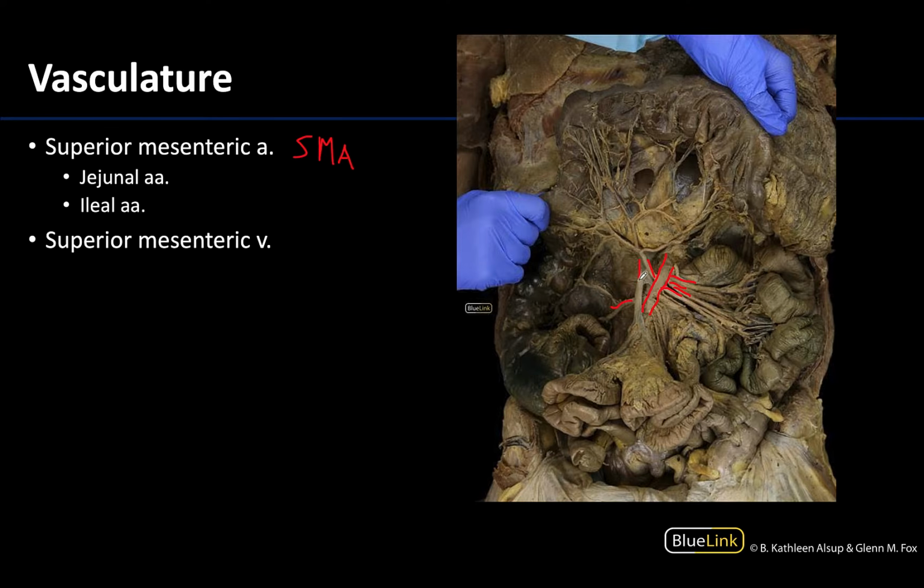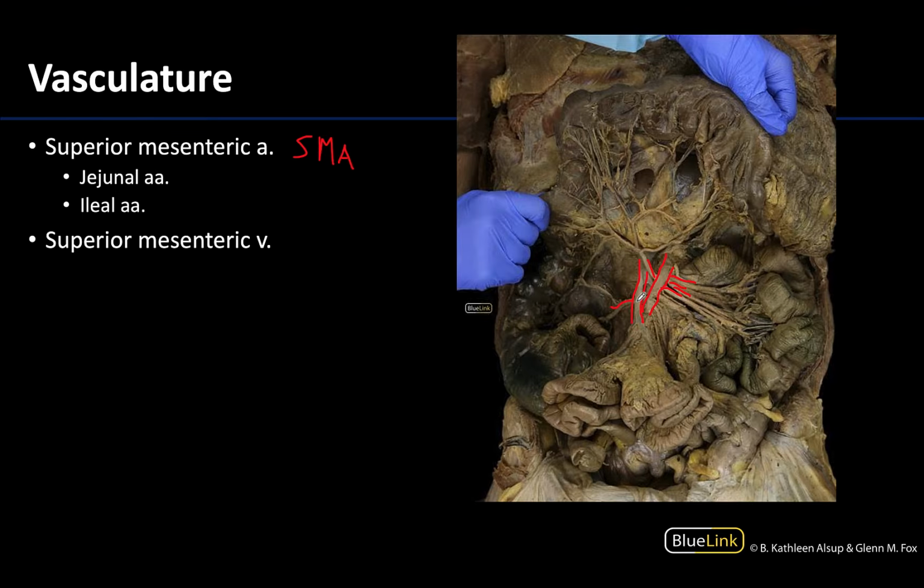The SMV, which I'm outlining right now, is typically located just to the right of the superior mesenteric artery, and is typically fairly large in caliber, kind of similar to the artery. And we'll see this vein again as we talk through a bit more of the structures.